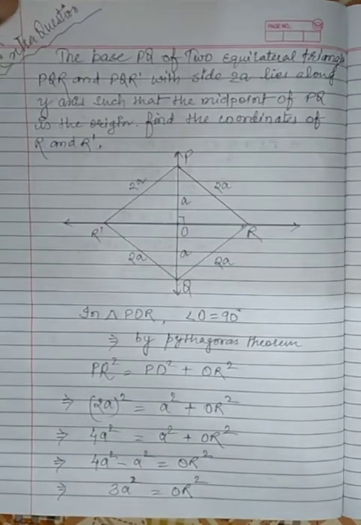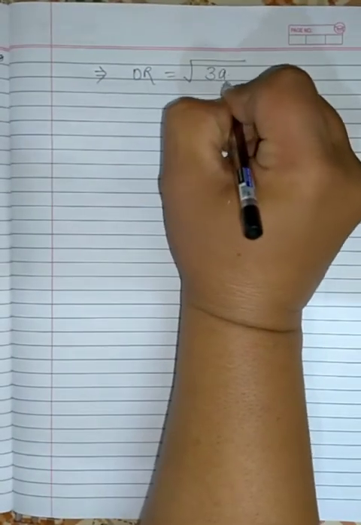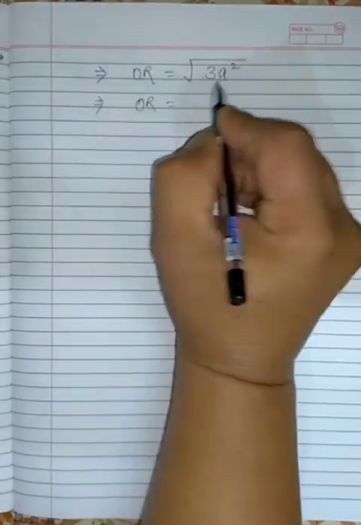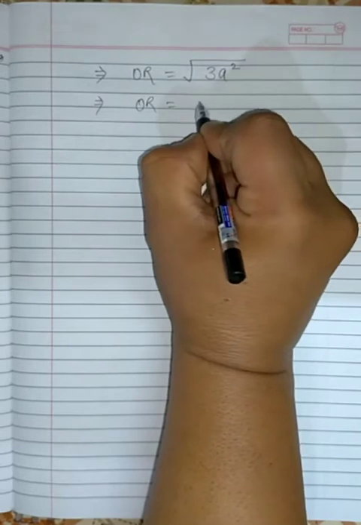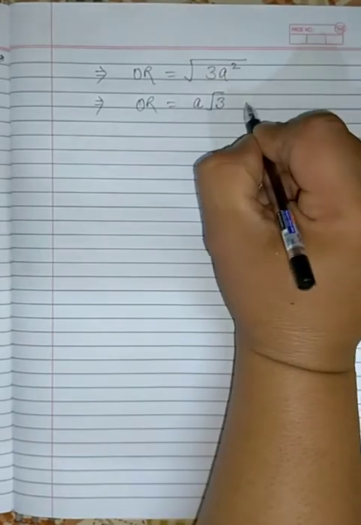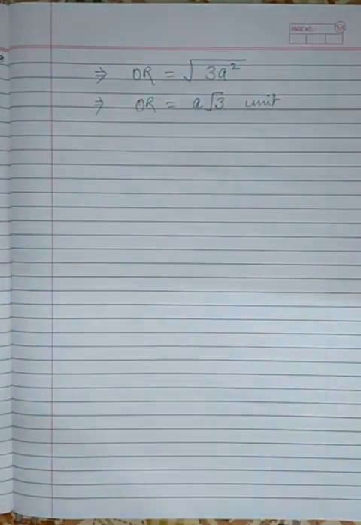So if we remove the square from both sides, OR will be equal to under root 3A square. Therefore, OR will be equal to, now A will come out from the square root, A under root 3 unit. Okay.